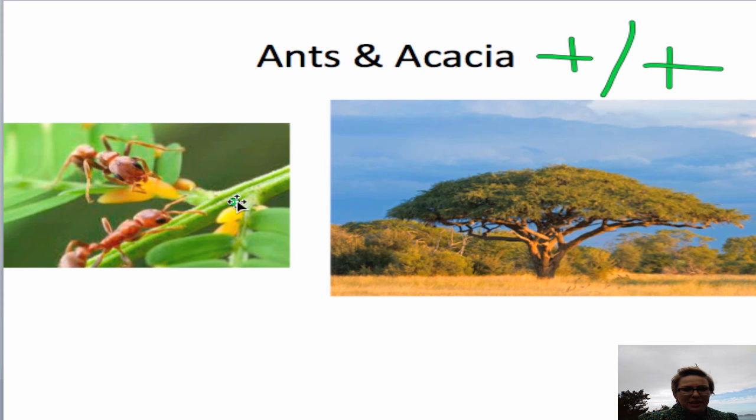So the tree is giving the ants food, and in return, the ants ferociously attack any insects that want to come on the tree. These insects could be potentially harmful, carrying pathogens, or wanting to get some of the sap from the tree. So this is a really commonly referred to example of mutualism.